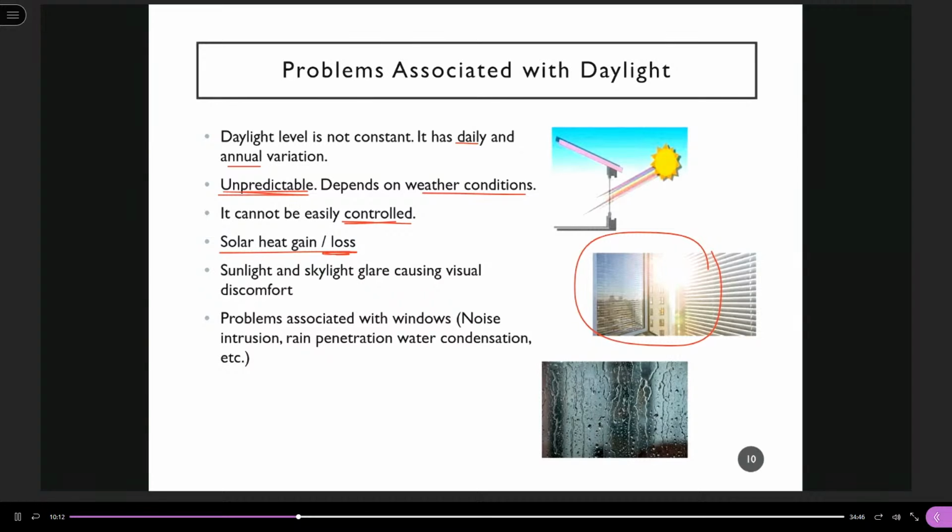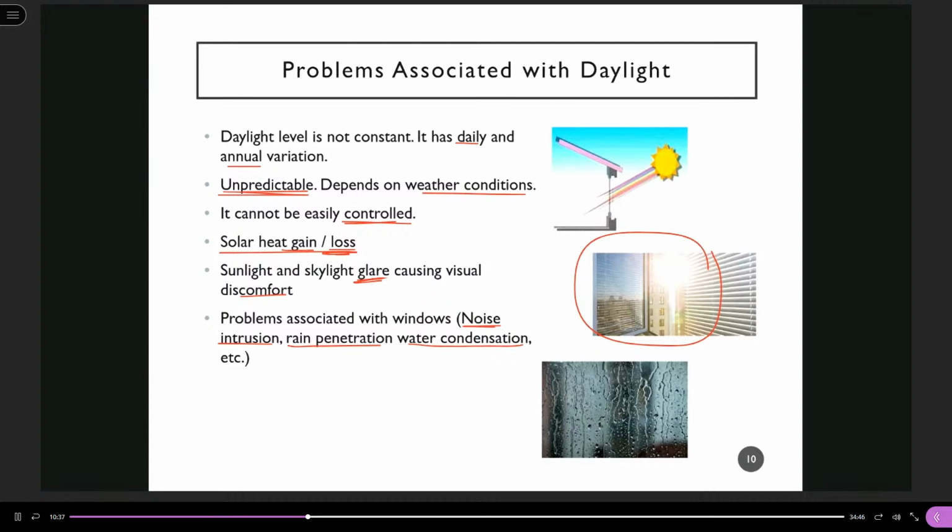So the window opening will have solar heat gain, or heat loss in the winter. Then the glare I mentioned causes visual discomfort, and as the weak point, the window may also bring noise intrusion, rain penetration, water condensation, and so on.